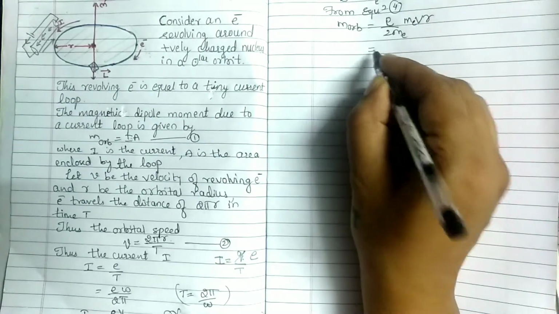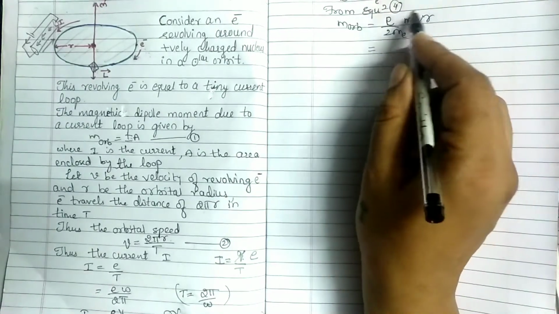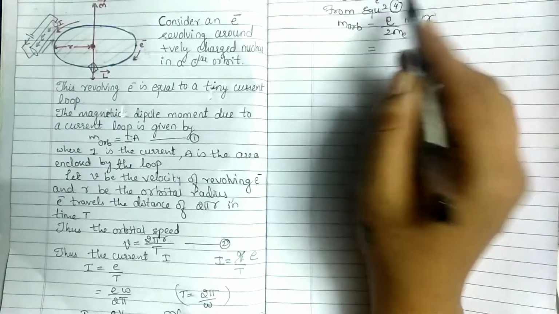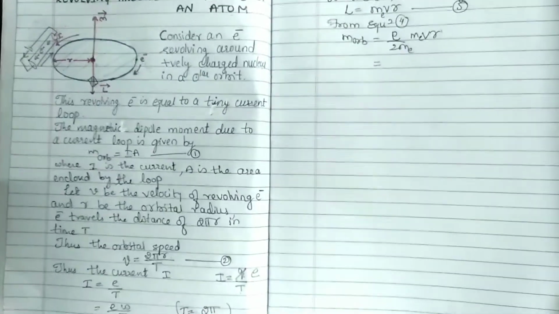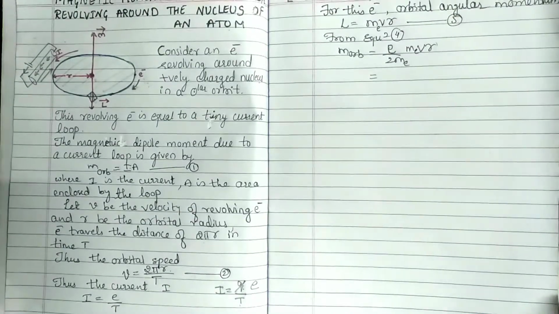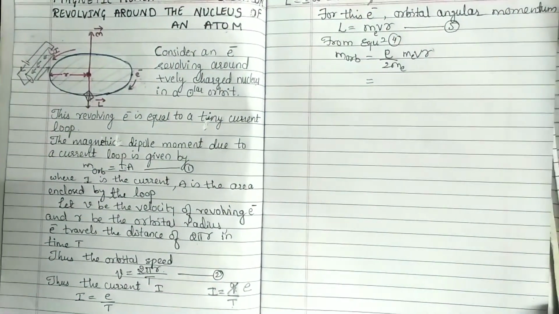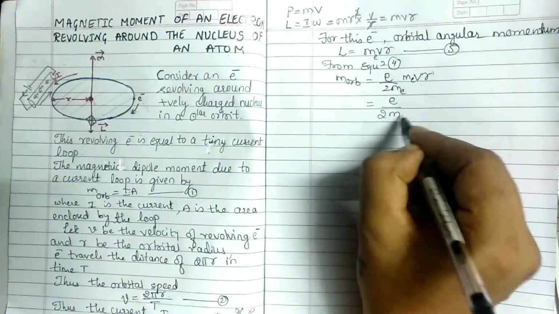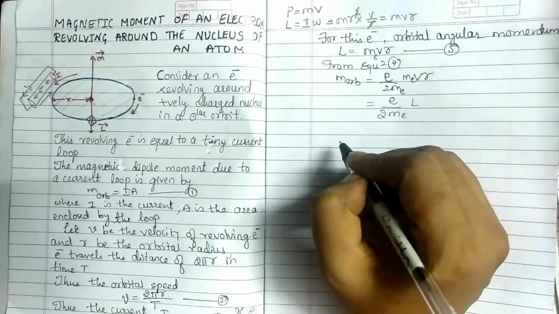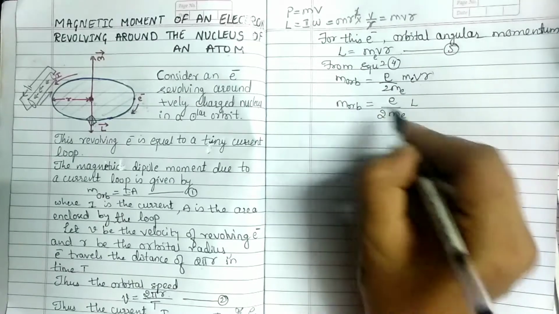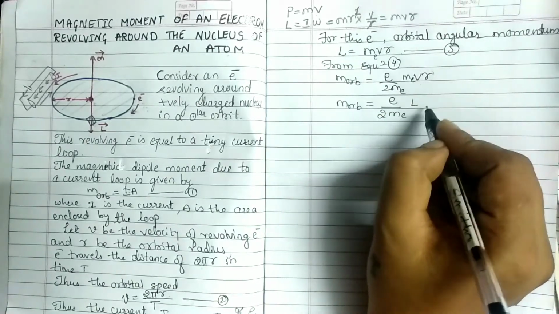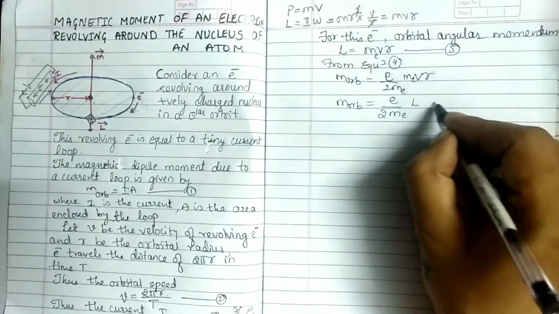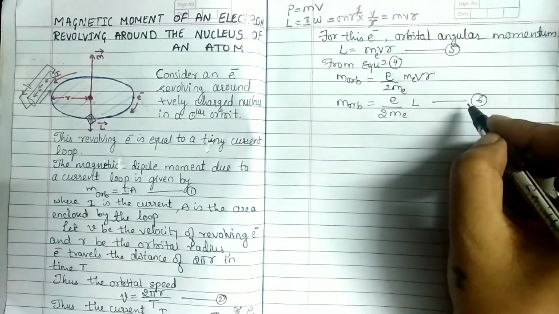So what will you get? If you compare equation 5 with this quantity, it is nothing but orbital angular momentum. So can I write this as E by 2me into L. So m orbital equals E by 2me into L. Call it equation 6.